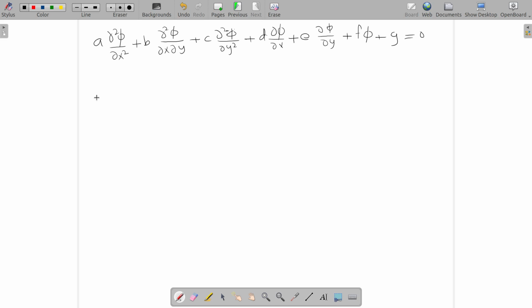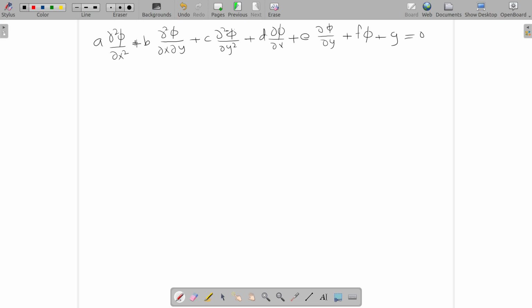Now the classification of a PDE is governed by the highest order derivatives.